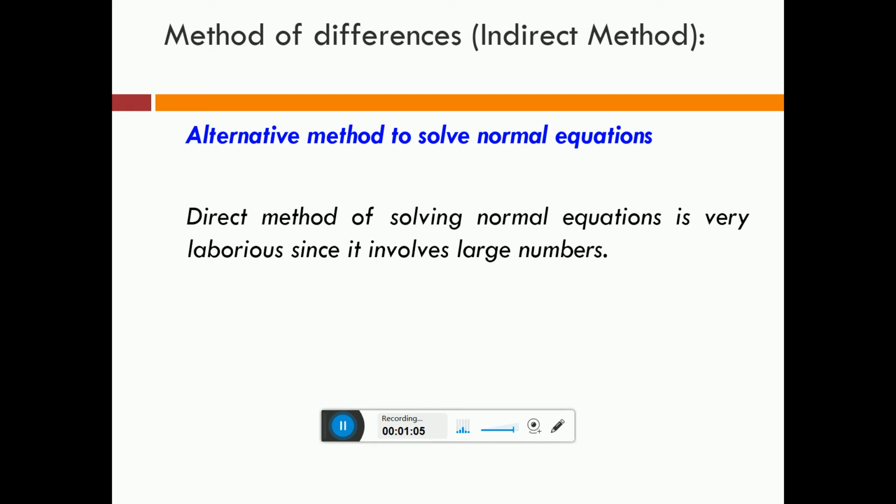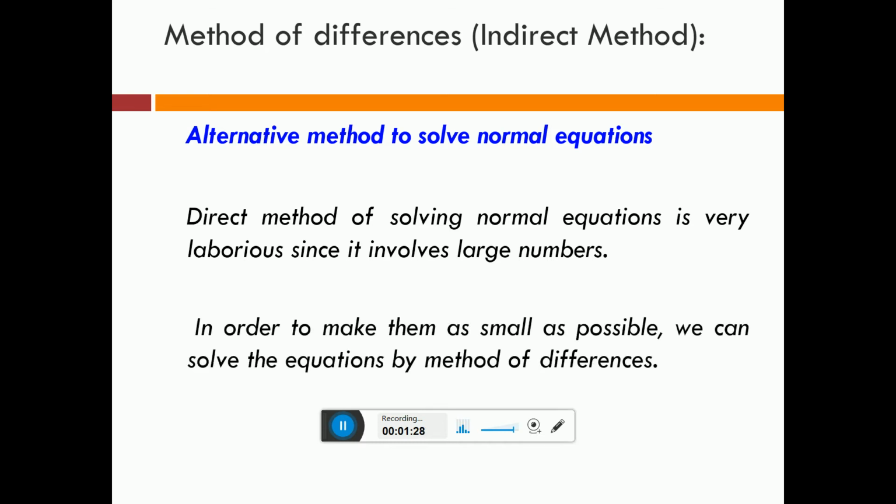So this normal equation method is also called the direct method, and the method of differences is called the indirect method. The direct method of solving normal equations is very laborious since it involves large numbers.